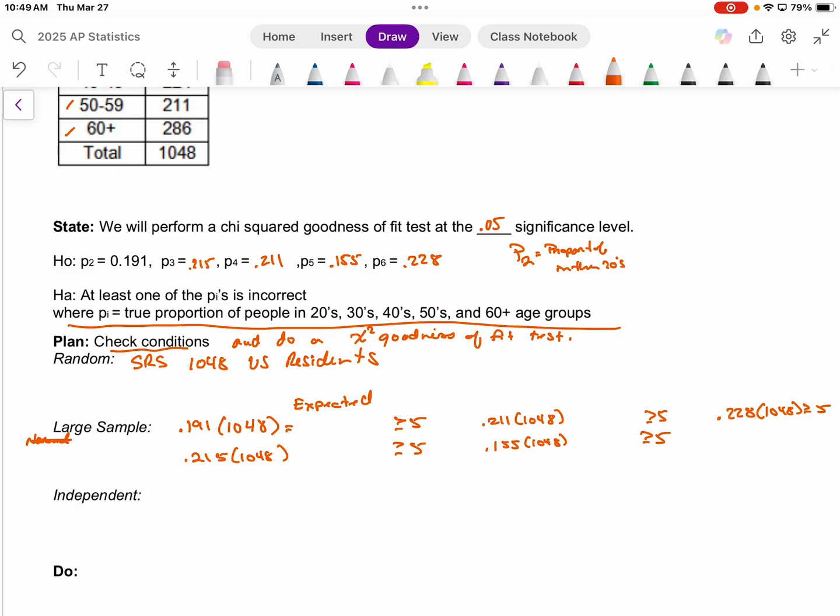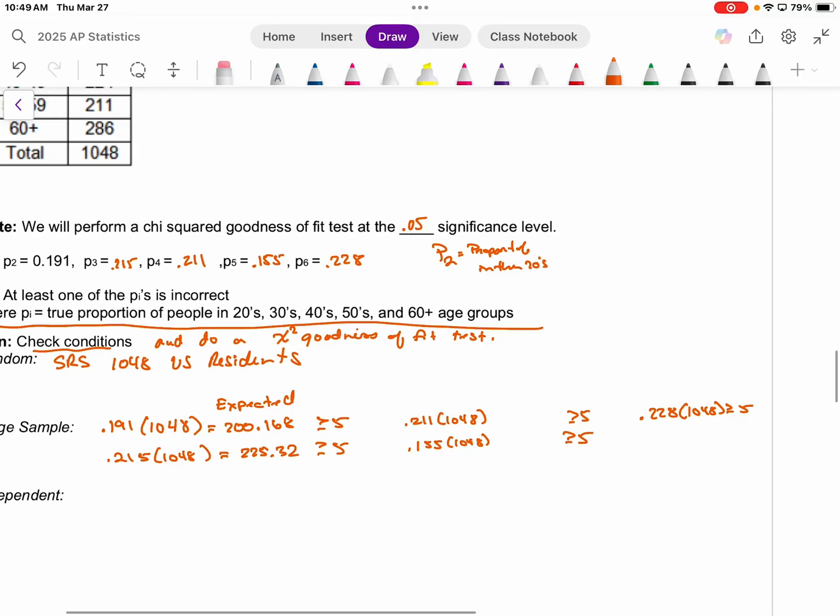The first one works out to be 200.168. Again, it's okay to put decimals there, so go ahead and leave it. Then we got 225.32. Then the next category would be 221.128.